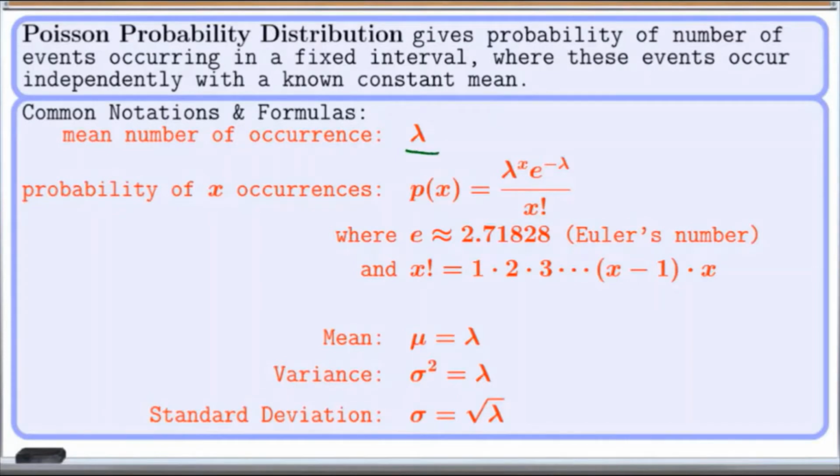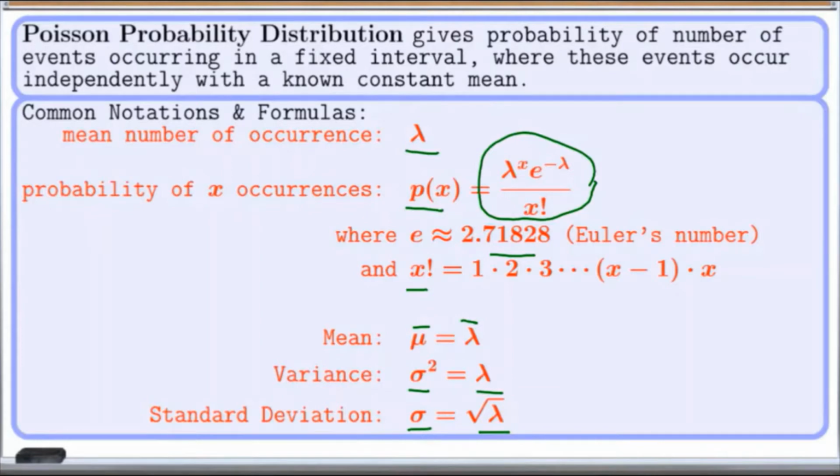Probability of x occurrences, P(x), is given by this formula here, where e is Euler's number, equivalent to 2.71828. And x factorial is the product of numbers from 1 to x. Mean equals lambda, variance is also equal to lambda, and standard deviation is equal to square root of lambda.